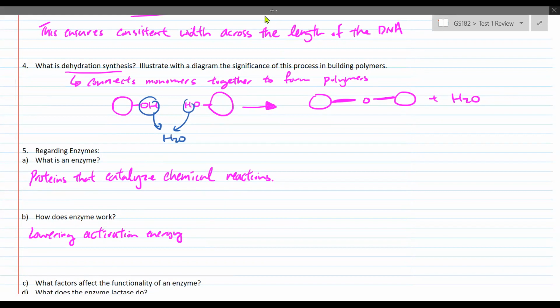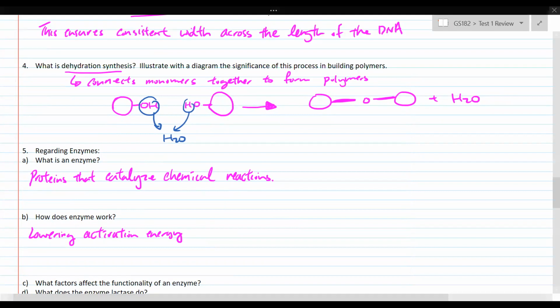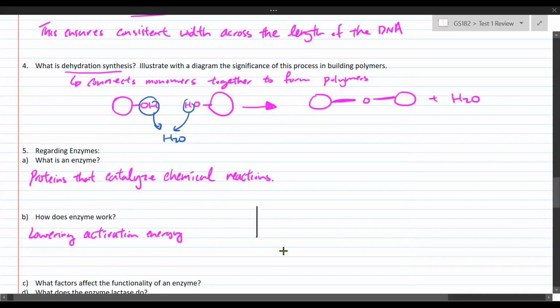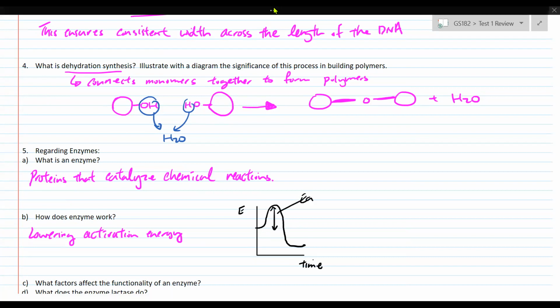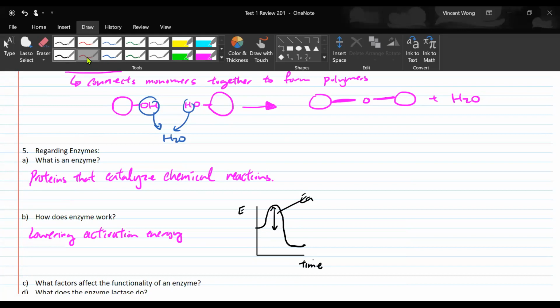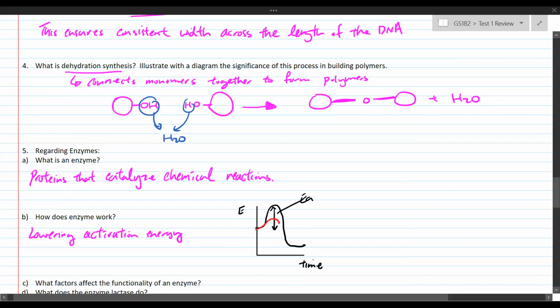There's the graph that I keep showing you. This is energy, this is time, this is the original activation energy. It's very high, but if you have an enzyme, you have the same reaction, but this time with a lower activation energy.